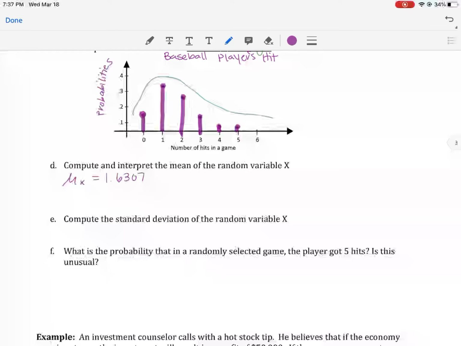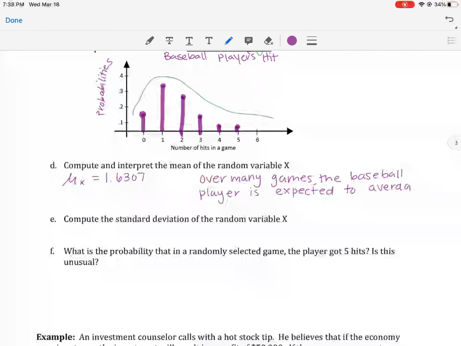And what that means is that over many games, so if we were to play multiple times, the baseball player is expected, right? Remember how we call it the expected value? To average about 1.6 hits per game. Maybe you'd round that up to 2.